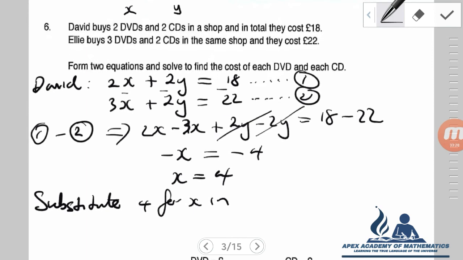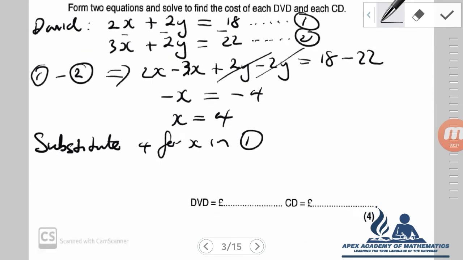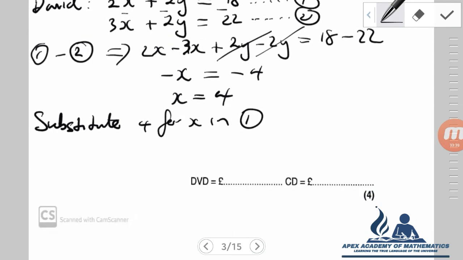Let's write a bit smaller for you here. We're going to have 2 times the value of x, which is 4, plus 2y equal to 18. I'm using this equation right here. So we have 8 plus 2y is equal to 18.